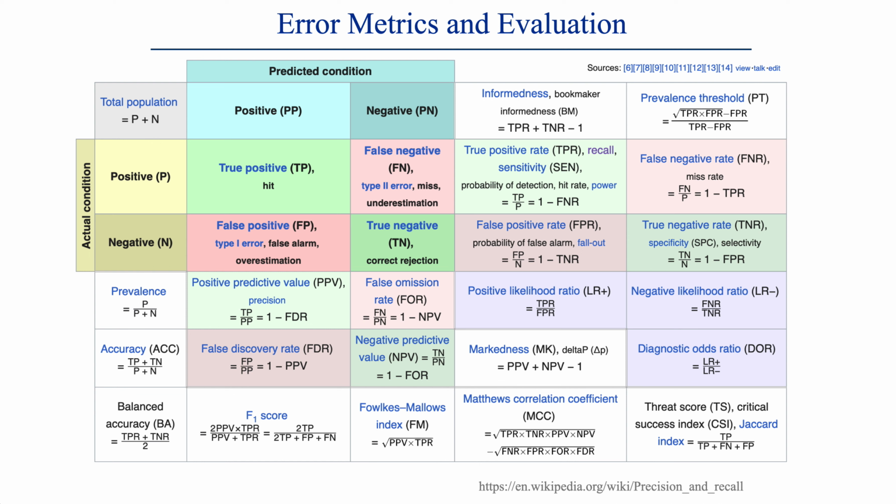Okay, so to continue on with the contingency table theme, I'm just going to show you right here. This is a table from the Wikipedia page on precision and recall. It's going to become your best friend because at its heart, it has the confusion matrix, and it shows you true positives and true negatives, false positives and false negatives on the off diagonal.